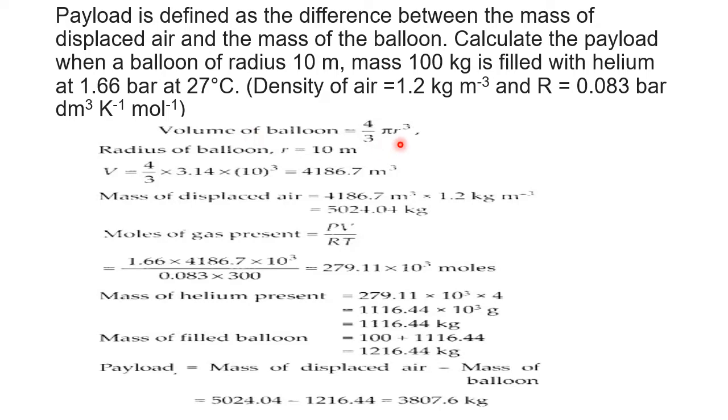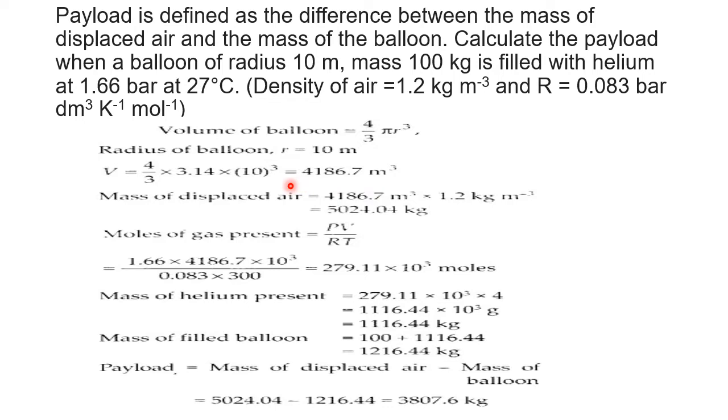R is the radius, given in the question as 10 meters. Therefore, volume equal to 4 by 3, pi value approximately 3.14, into 10 cube. If you simplify, the answer for the volume is 4186.7 meter cube, which is the volume of the balloon.